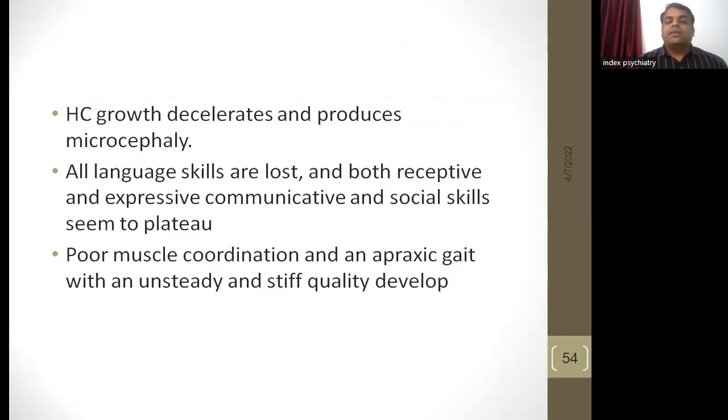Head circumference growth decelerates and produces microcephaly. All language skills are lost, and both receptive and expressive communicative and social skills seem to plateau. Poor muscle coordination and an apraxic gait with an unsteady and stiff quality develop.